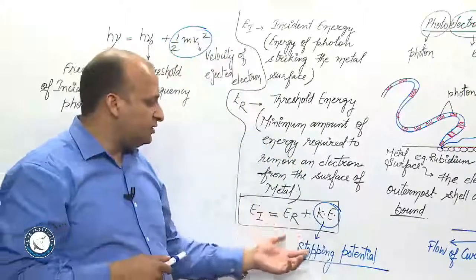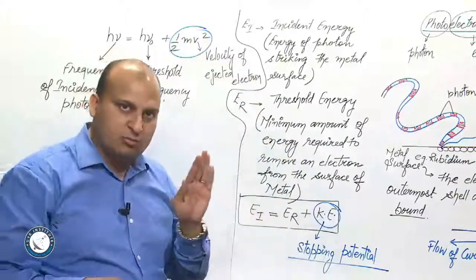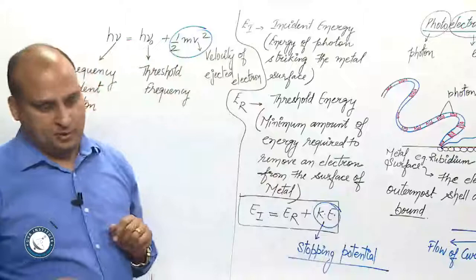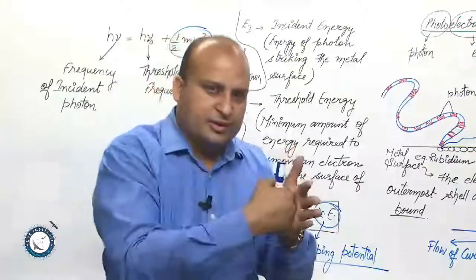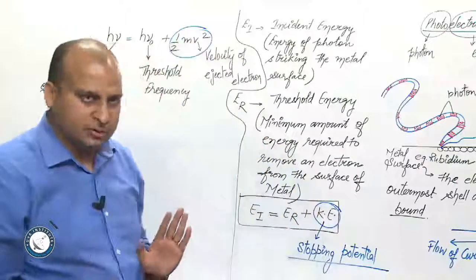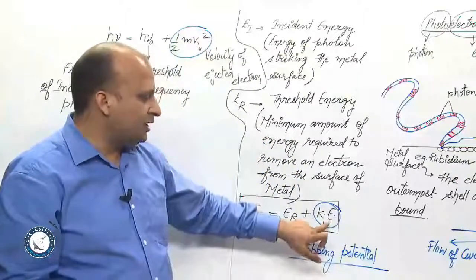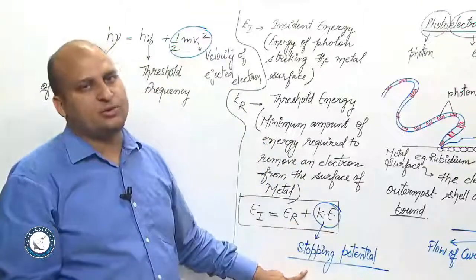Why? Because we are stopping the electron from moving in a particular direction. You understood my point? What is stopping potential? Kinetic energy only is the stopping potential.